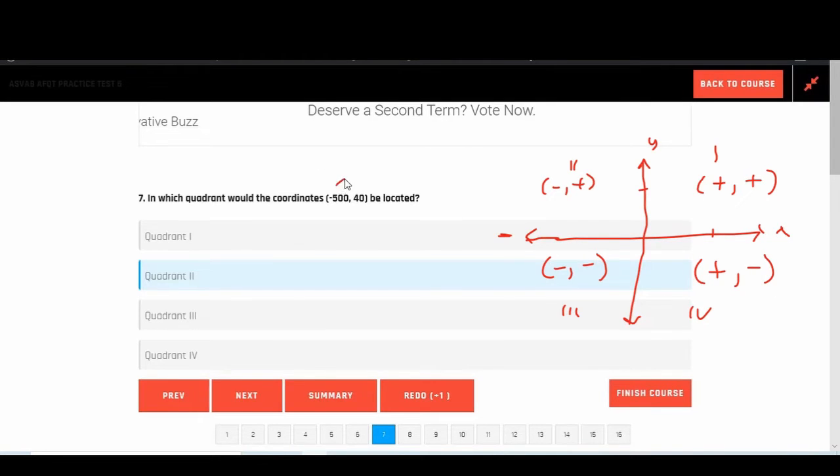Okay, and again, this is your x, and this is your y in the ordered pair. Our x in this case is negative, so we're going to go here. And again, x goes left and right, whereas y goes up and down. Negative 500 somewhere over here. Positive 40 somewhere up here. So we can see that this point's somewhere in quadrant 2, which is right there. Okay?